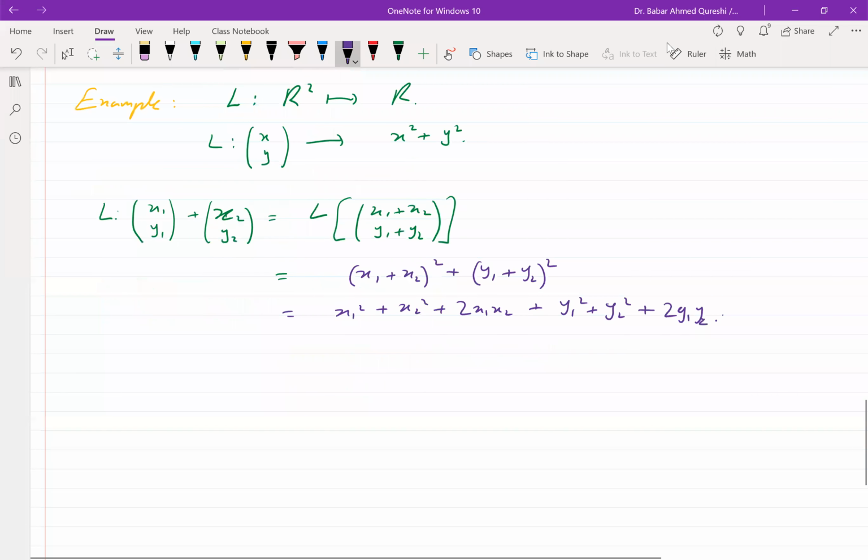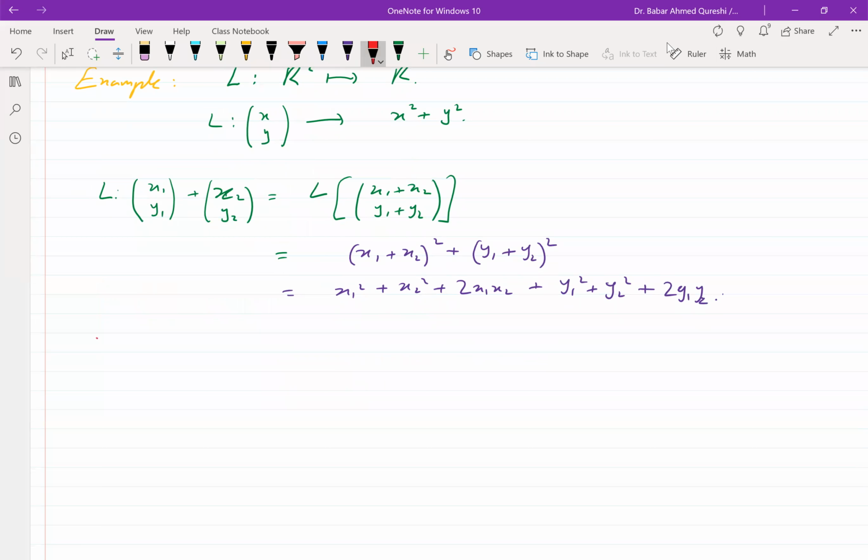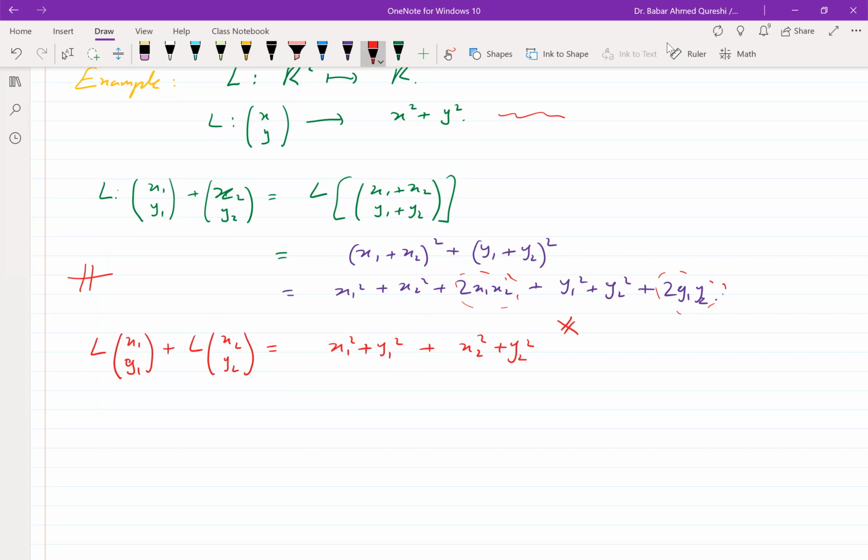But this is not equal to what I get if I had applied this transformation on the individual ones, because that would have given me x1 square plus y1 square plus x2 square plus y2 square. This guy has these two extra terms, so they do not match. So these are not equal. So that means this transformation, which I defined this time, is not linear.